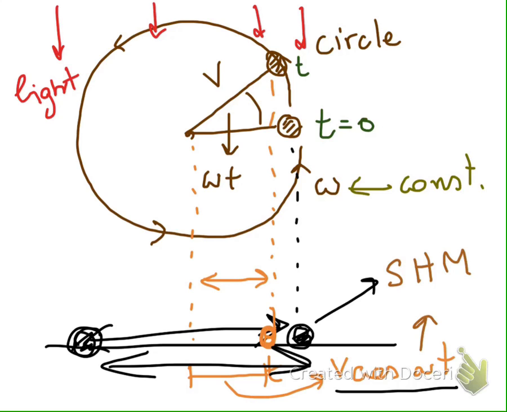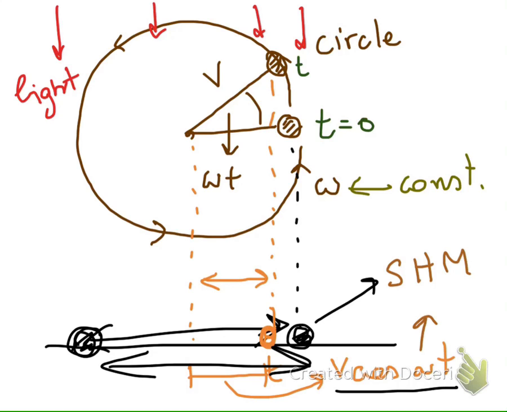So you can see that the motion of the object exhibits a sinusoidal function, right? You have the cos omega t here. So it is a sinusoidal function. The object oscillates back and forth as a sinusoidal function.